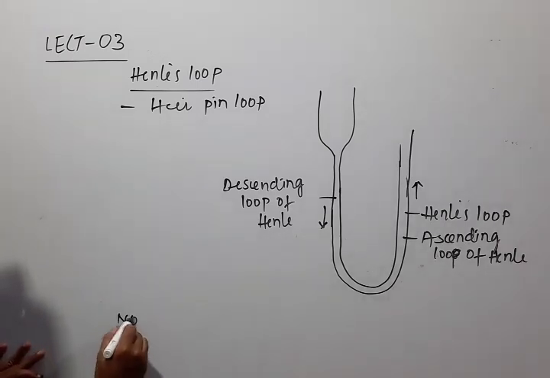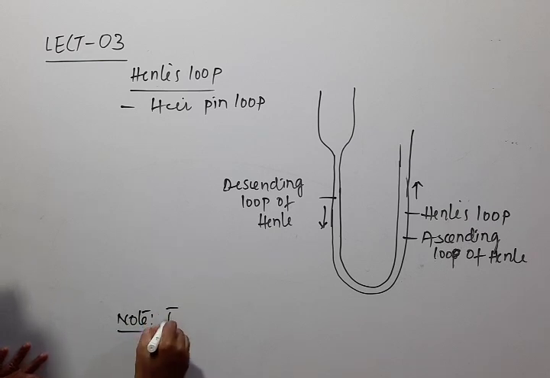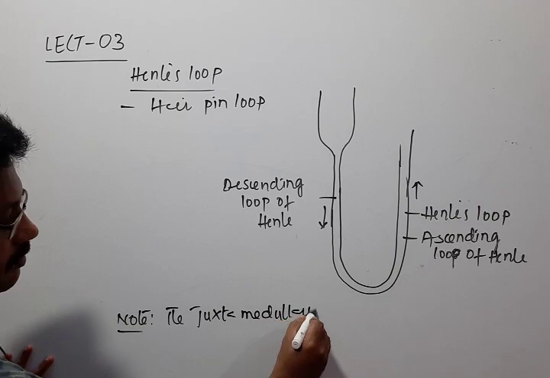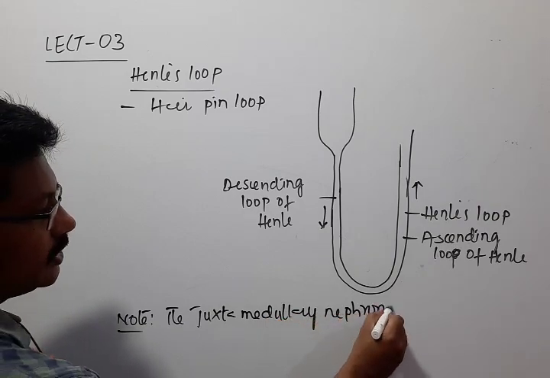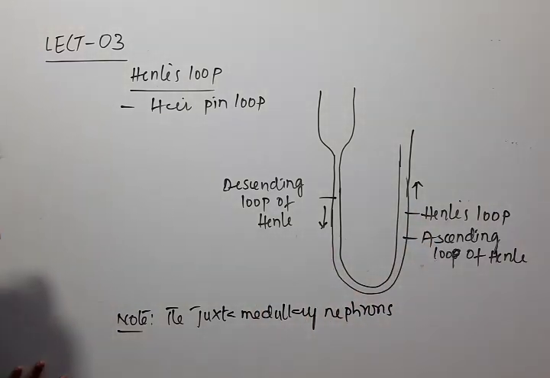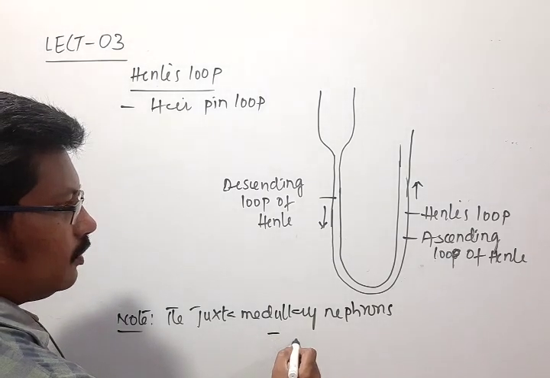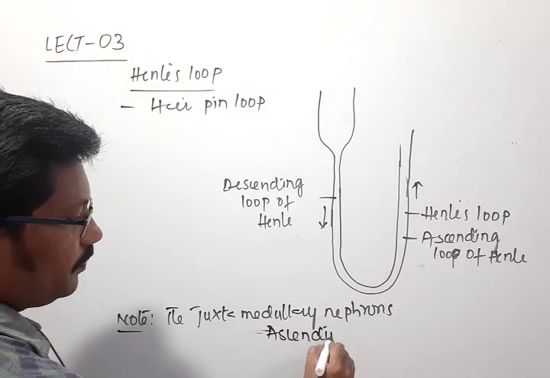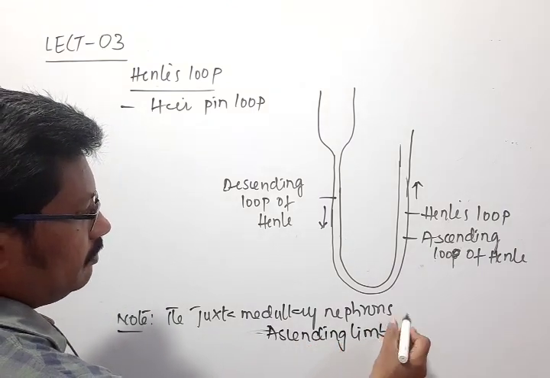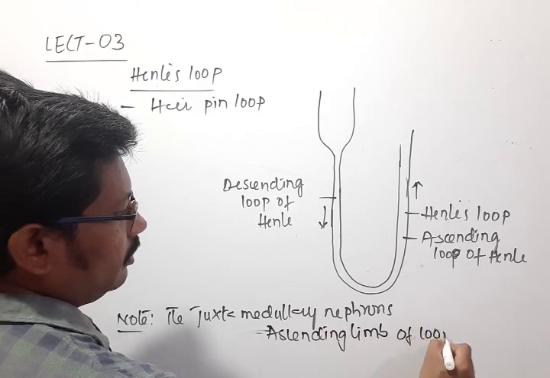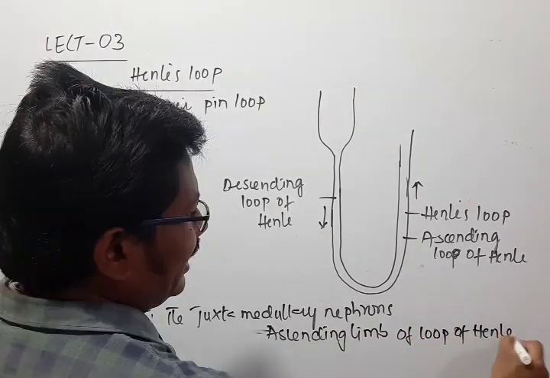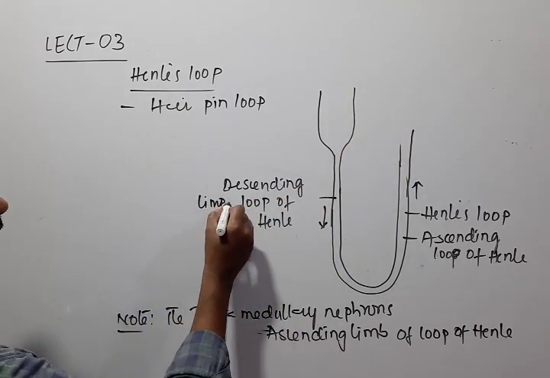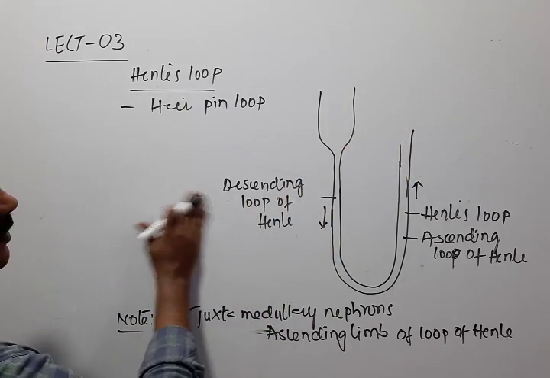So I'll just mention here the juxtamedullary nephrons. In the case of juxtamedullary nephrons, especially talking about the ascending limb of loop of Henle.